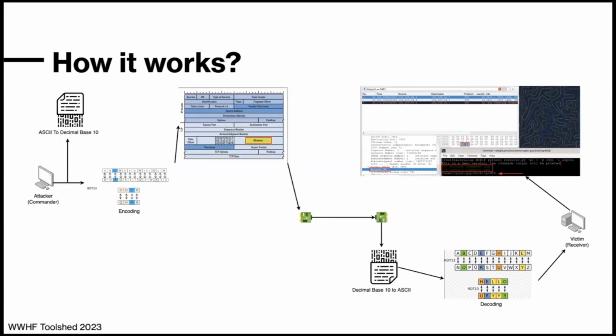Because it's decimal numbers, and because we can simply craft our own TCP packet, that means we can craft our TCP packet with a malicious window value injected in there.